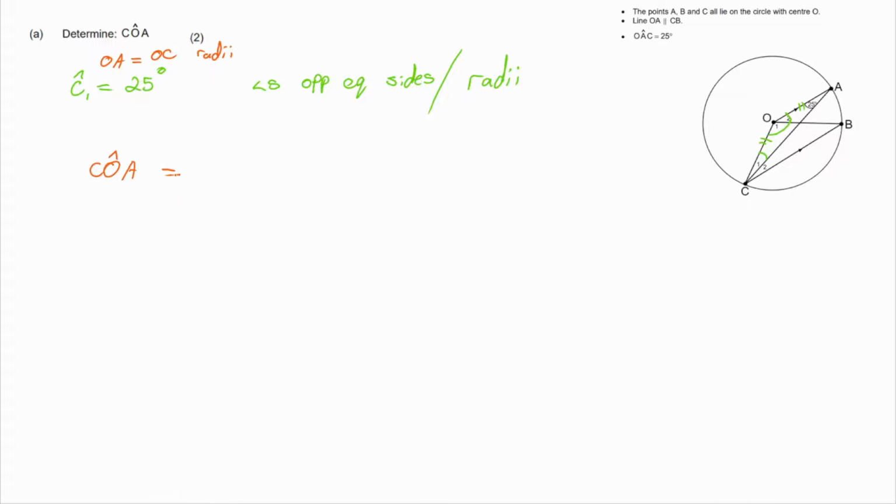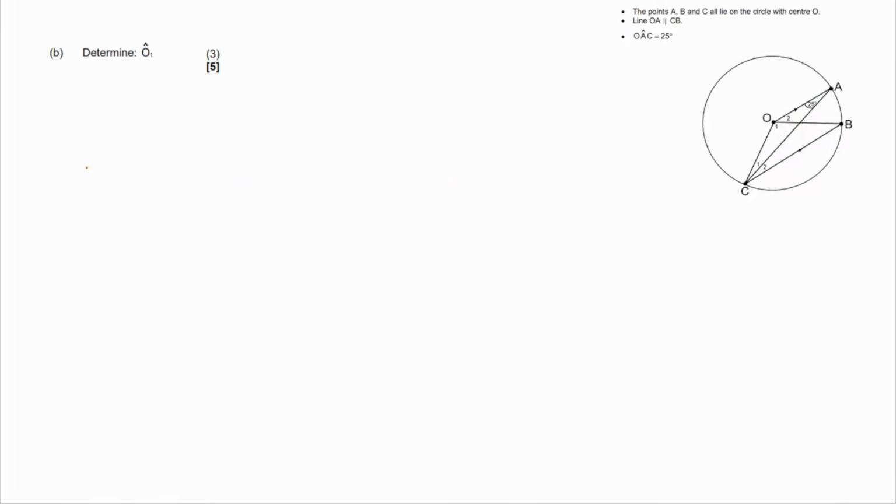So we can say COA is equal to 130 degrees. Therefore, COA is 130. Okay, because it's the remaining angle. These two together give us 50. So then this one has to be 130 because of interior angles of a triangle. Okay, not too bad, hopefully.